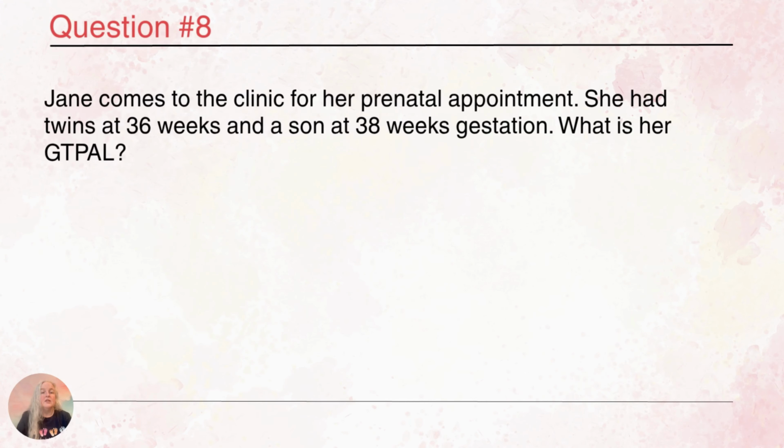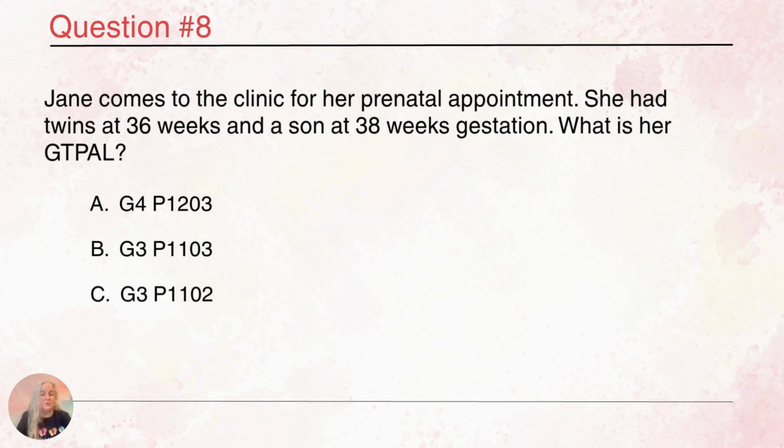Next question. Jane comes to the clinic for her prenatal appointment. She has had twins at 36 weeks and a son at 38 weeks gestation. What is her GTPAL? Is she G4, P1203? Is she G3, P1103?